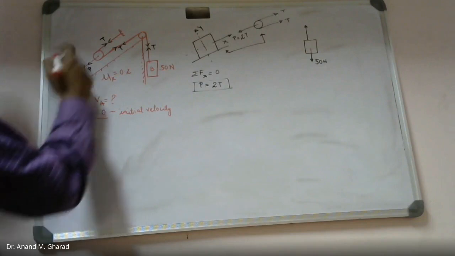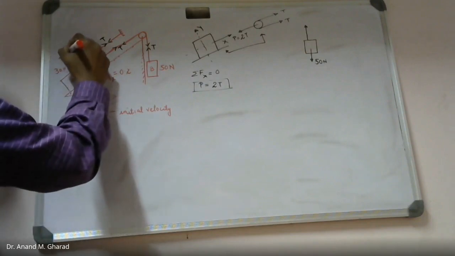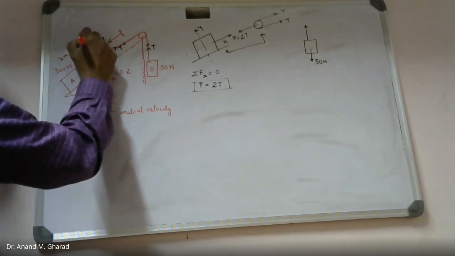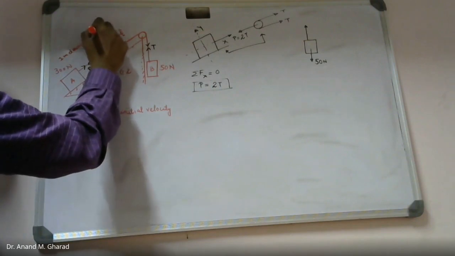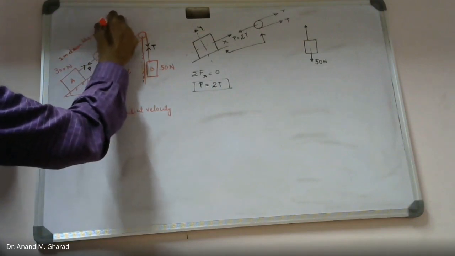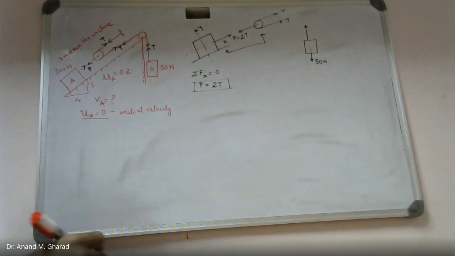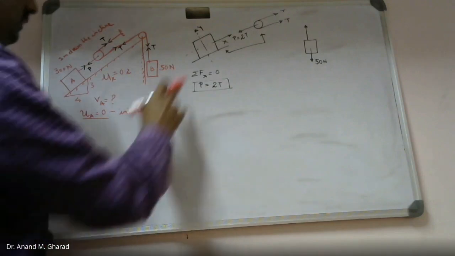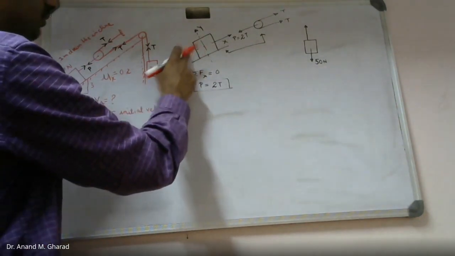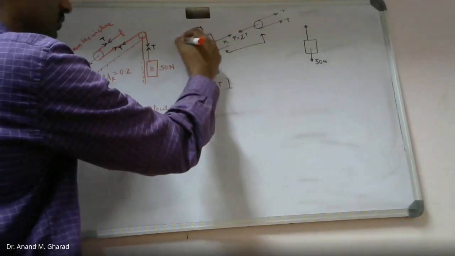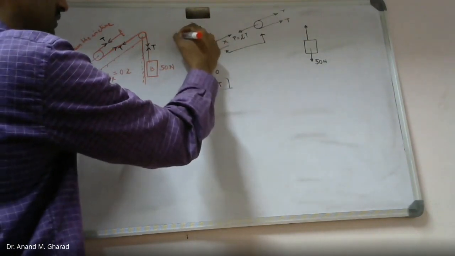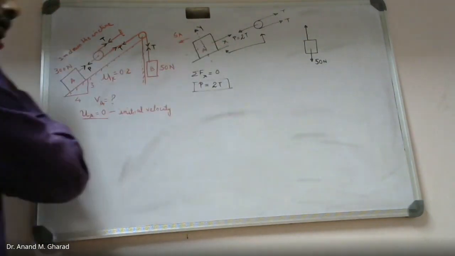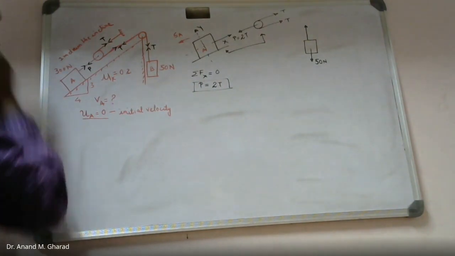It is mentioned to be 1 meter down the incline. This is what is given. Okay, so we know the direction of motion of this block A. It is moving in the downward direction. So let me assume the displacement of this block A to be SA.